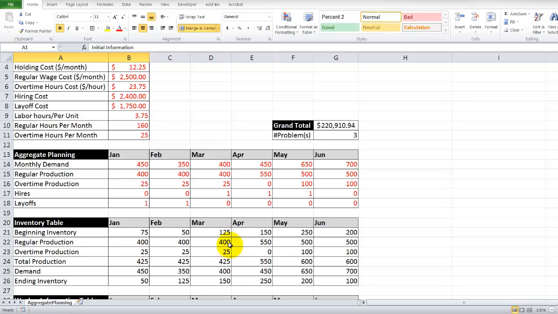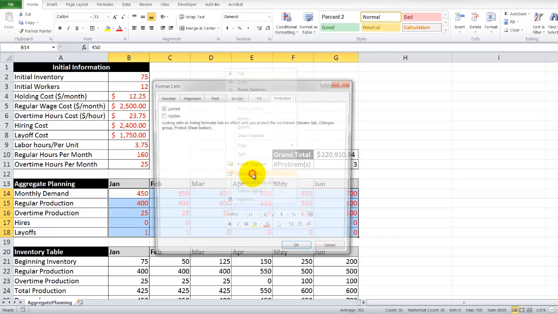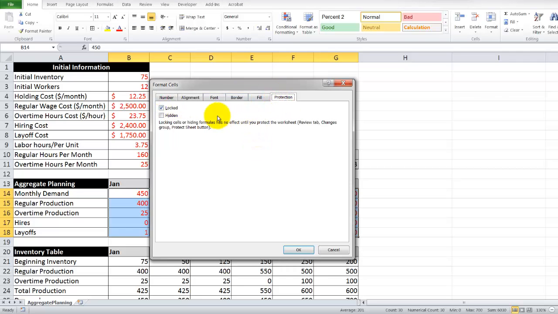What we might want to do is protect this sheet and only allow users to change red cells. So you can highlight the red font cells and go to Format Cells. Right now, these cells are locked if we protect them, so I'm going to uncheck the locked there.